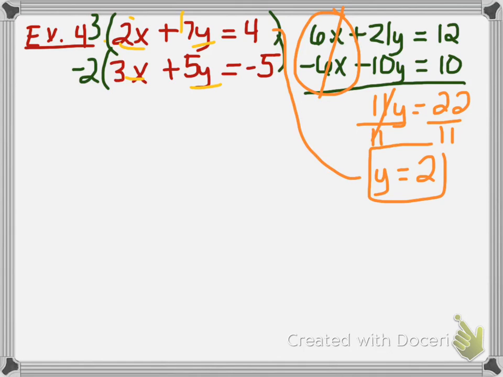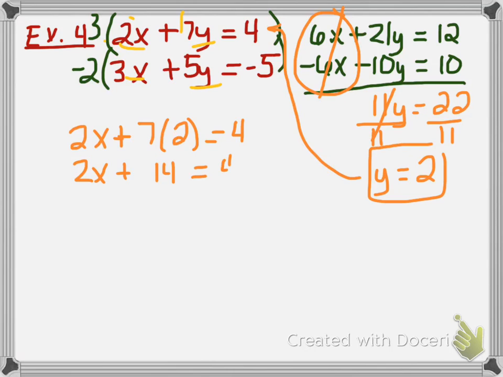So now I always like to take everything up to the top equation. We have 2x plus 7 times 2, in this case, because the y is 2, is equal to 4. So we have 2x plus 14 is equal to 4.